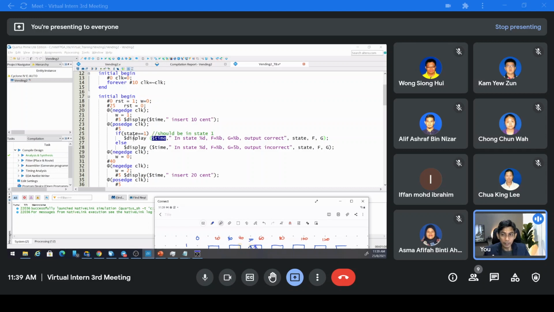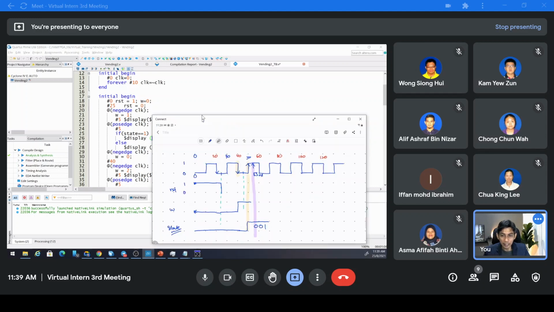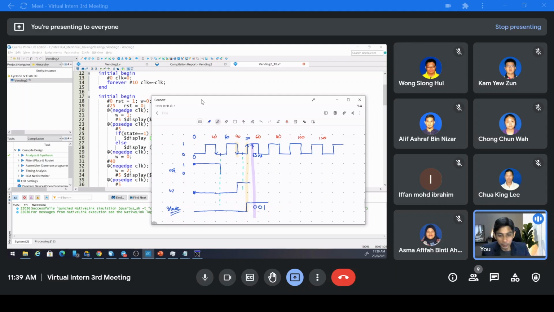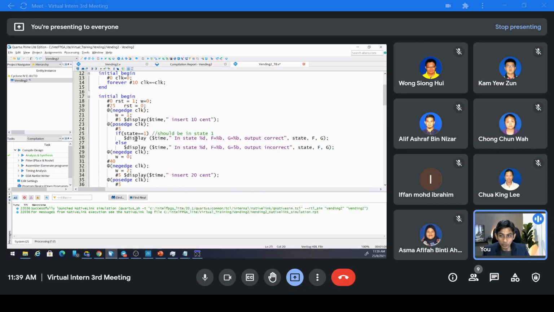But if the state is not equal to 1, it means that here instead of 001, when you insert 1, you have, for example, 10. Oh, sorry, 10 here. So this condition is not true, and it will display this.